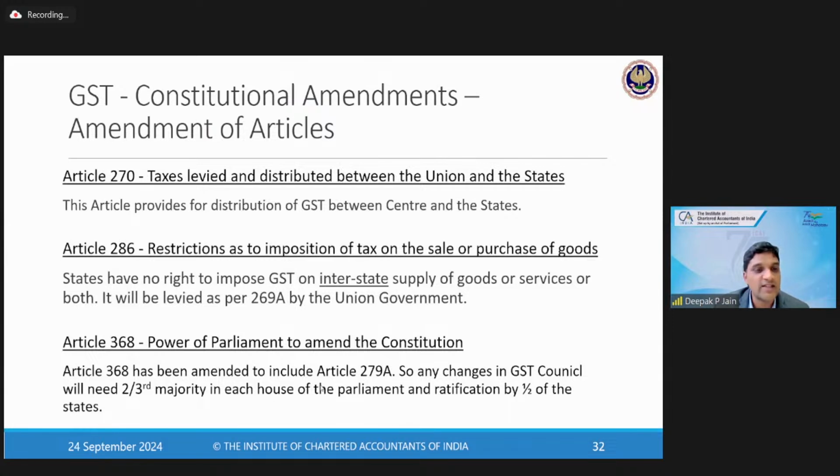Then Article 368 has been amended to include 279A, any changes in the GST Council.